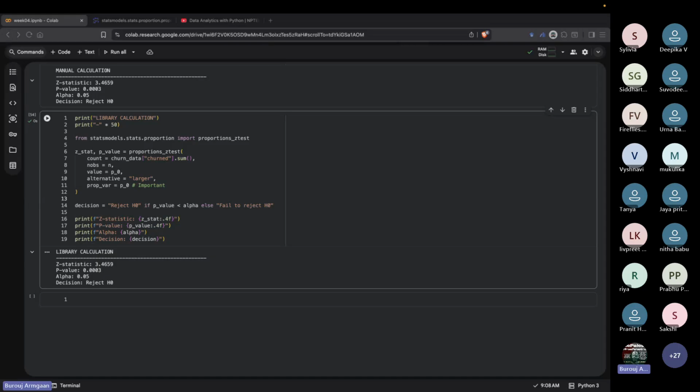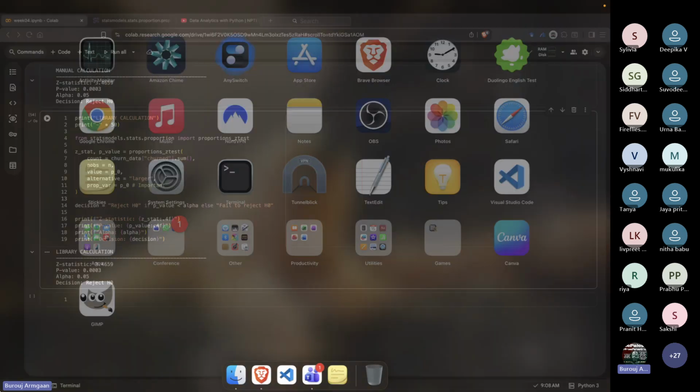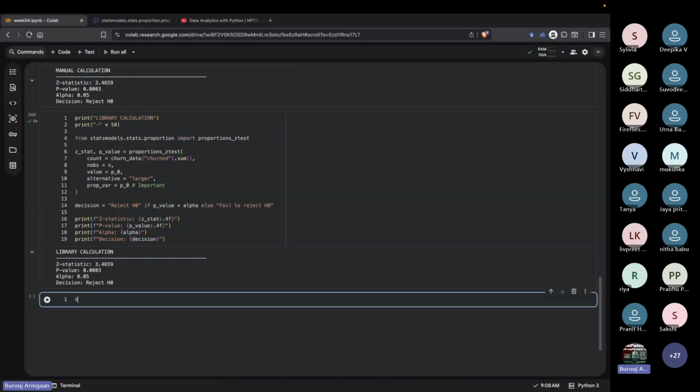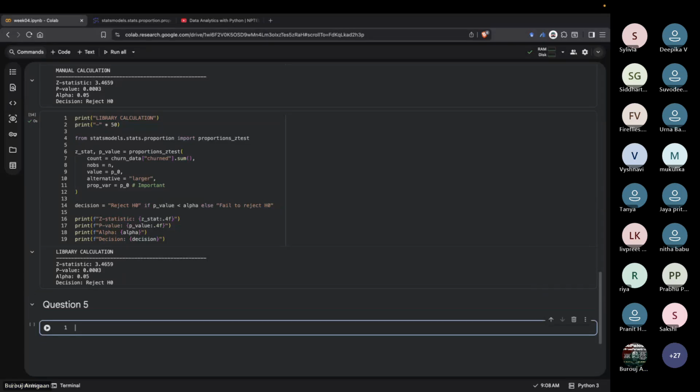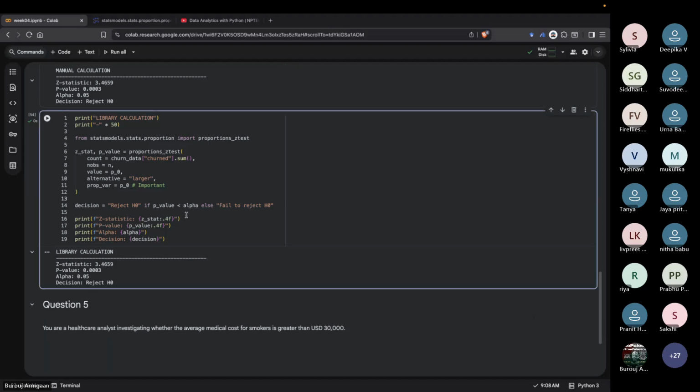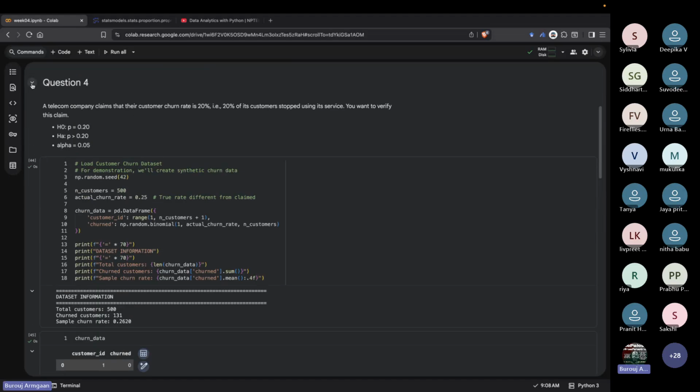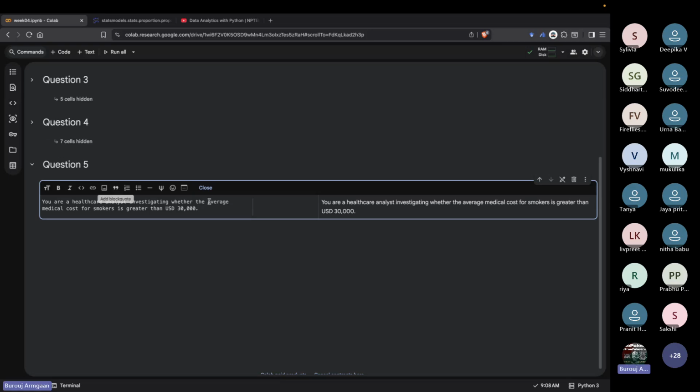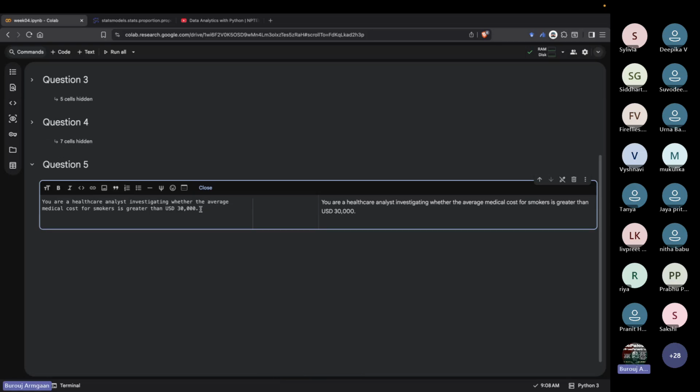Okay, if proportions are clear, then we can go to the last question, which we could give as homework as well. This one we will do for the errors, that is the type 1 and type 2 errors. You are a healthcare analyst investigating whether the average medical cost for smokers is greater than 30,000.